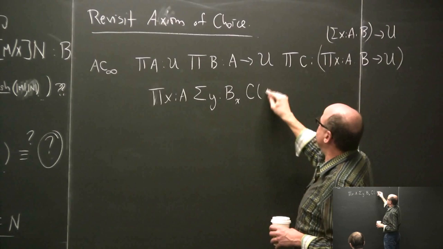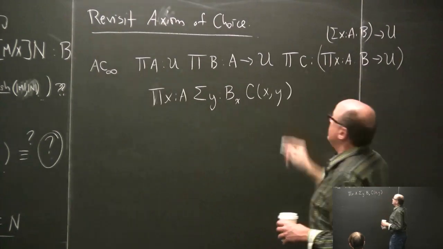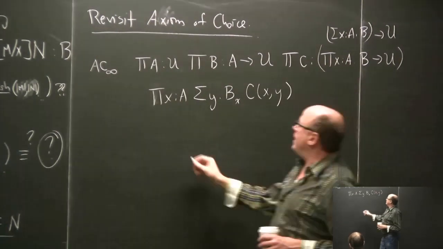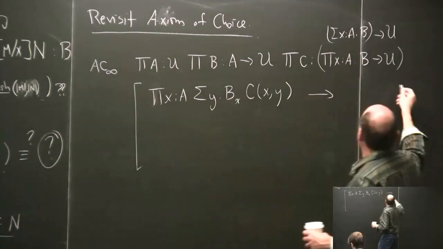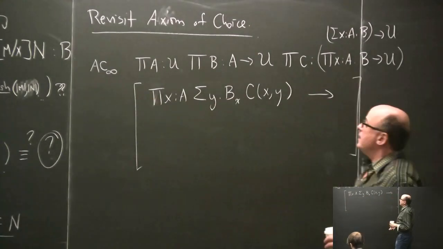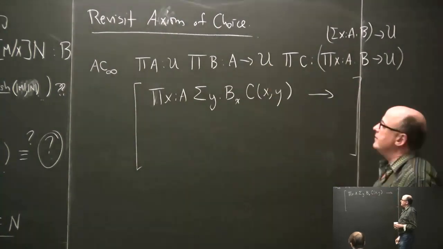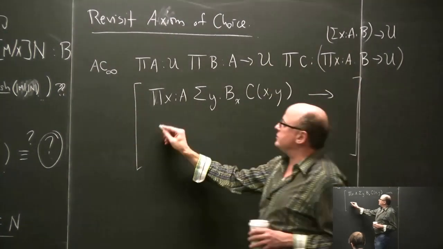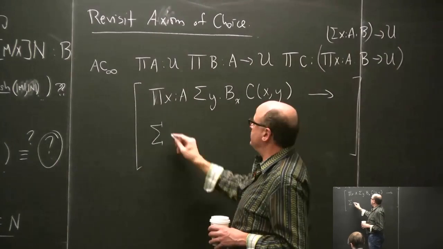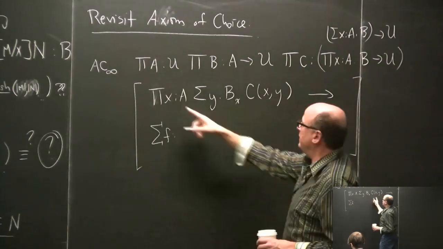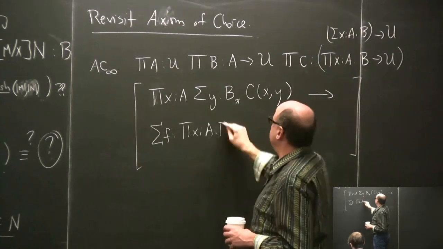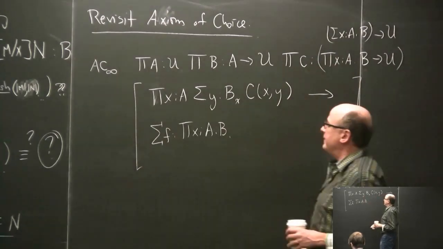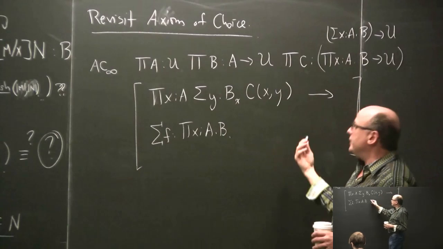If that is the case, and I'll put this part in brackets because it's inside the quantifier here, this string of quantifiers, then what? Well, then there's a choice function. So there is an f, and what will the f be? It's a function from A, but it's in pi x in A of B. What does it do?